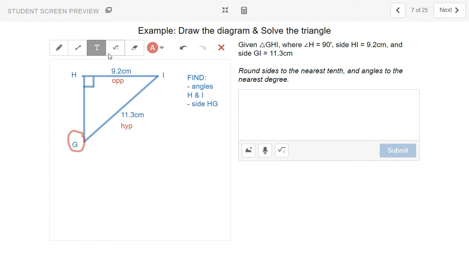That means we have to use sine for this one. So sine G is equal to 9.2 over 11.3. Let's undo our G by using sine inverse.